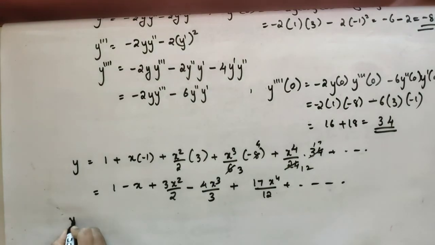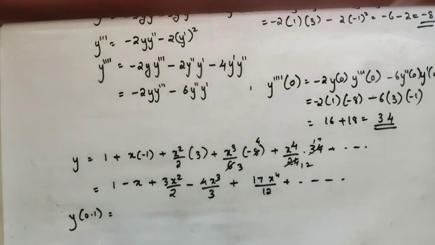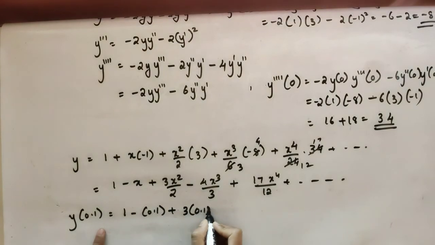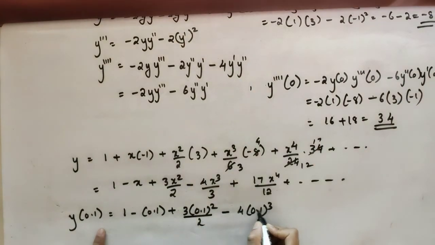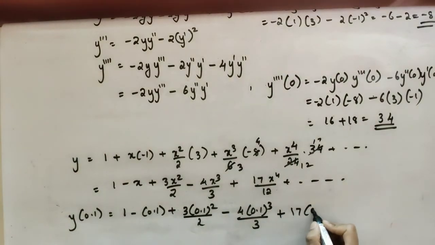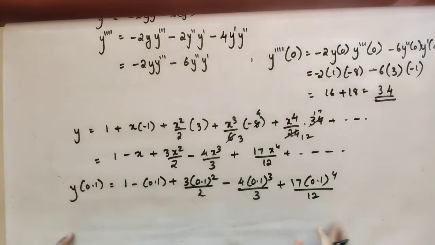Okay, now I want y of 0.1 as it has been asked in the question. So I need y of 0.1: 1 minus 0.1 plus 3 times 0.1 square by 2 minus 4 times 0.1 cube by 3 plus 17 times 0.1 to the power 4 by 12. So use your calci to evaluate this.